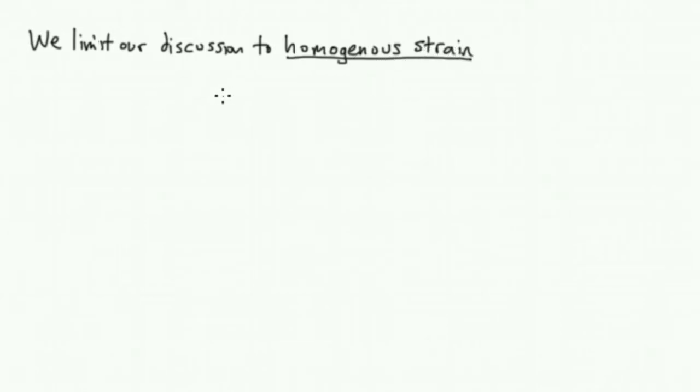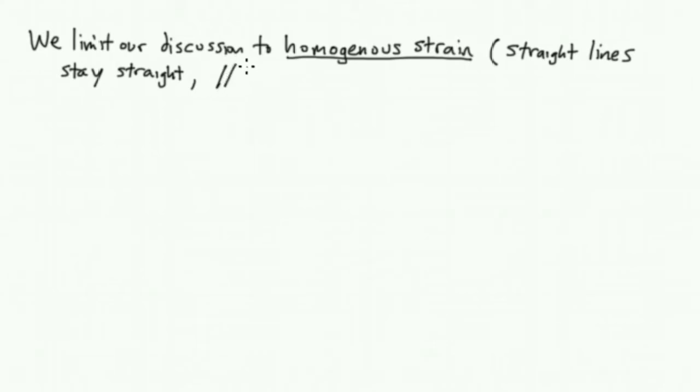In homogeneous strain, straight lines stay straight, parallel lines remain parallel, and circles become ellipses.